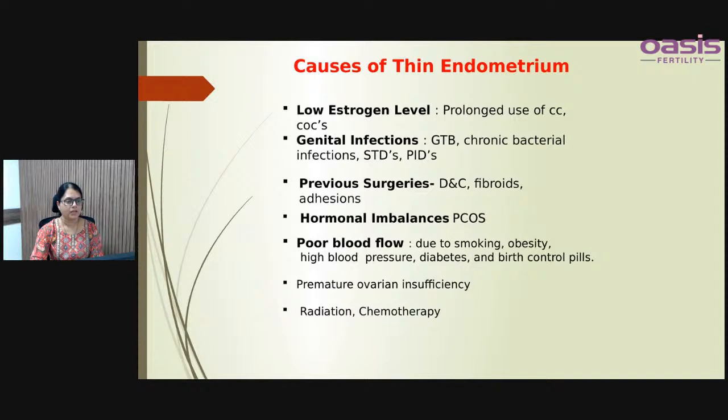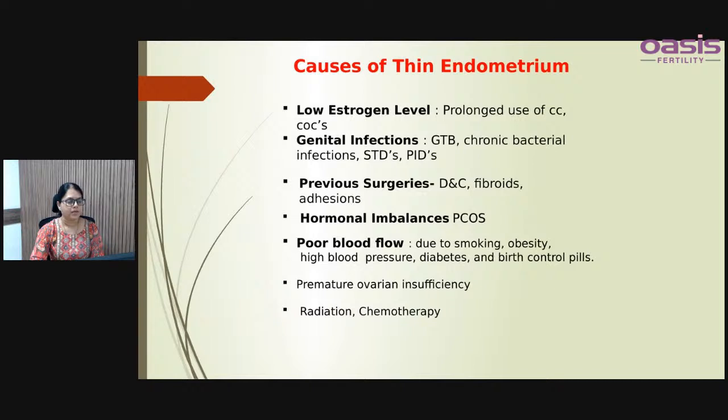Other causes are previous surgeries, like D and C and surgeries for fibroids or adhesions. They damage the endometrium. If the damage is present in the basal layer of the endometrium, then it causes permanent thin endometrium, which cannot be regenerated again.